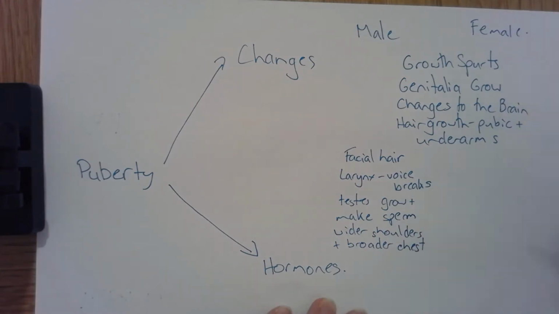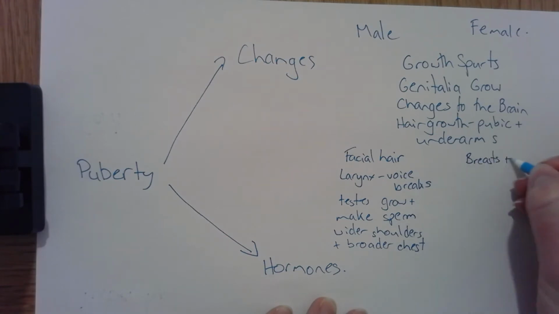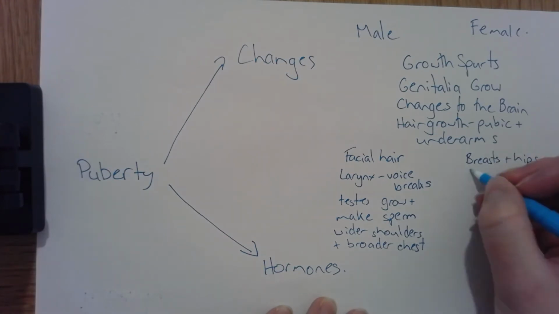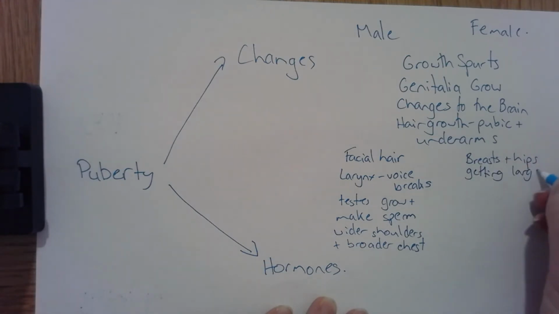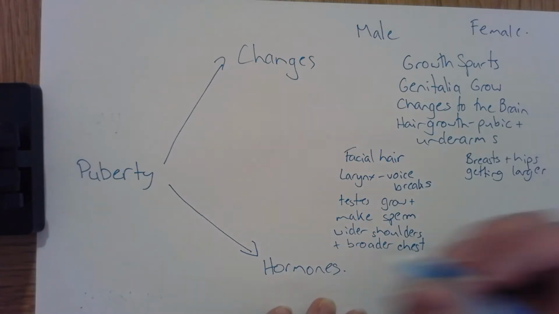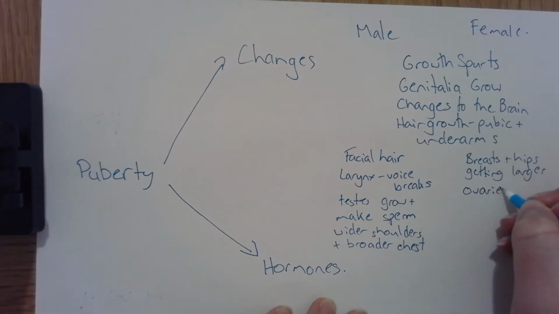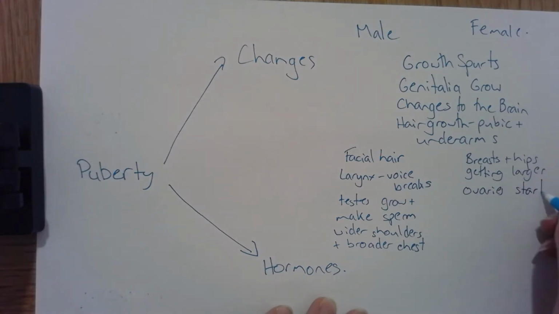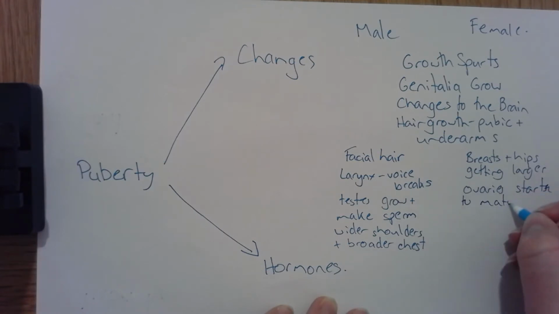Then if we go into females, our body shape changes are mostly to breasts and hips getting larger. The ovaries start to cause eggs to mature, and that leads to menstruation starting.